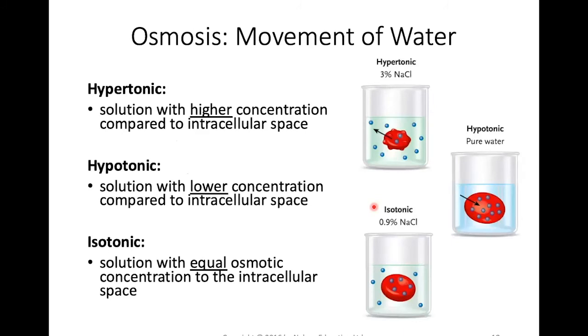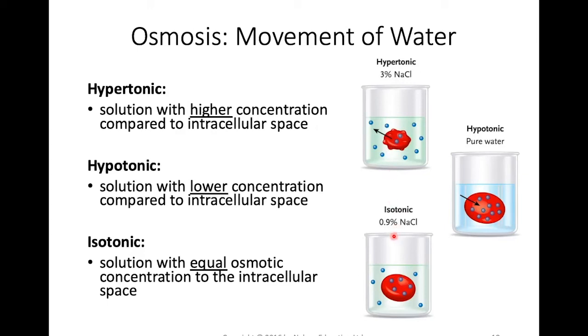All right, so based on the concentration of solutes in solution compared to the intracellular space, we have a number of different scenarios that can play out. A hypertonic solution is a solution with a higher concentration compared to the intracellular concentration. Here's an example. Your cellular concentration of sodium chloride is about 0.9%.